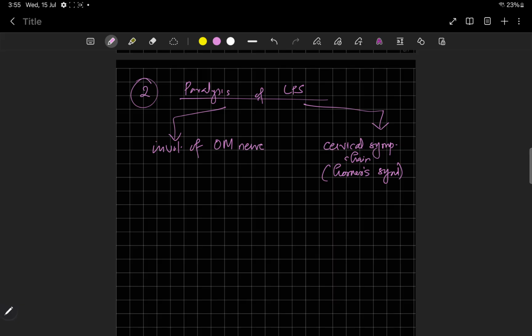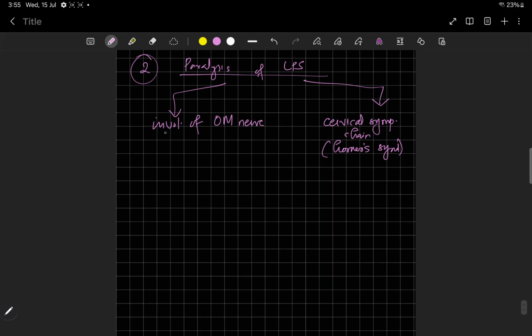So both of these can cause the paralysis of LPS, and if it is due to the involvement of the oculomotor nerve, then it causes complete ptosis. The eyelid cannot be elevated at all, so it causes complete ptosis or drooping of eyelid.